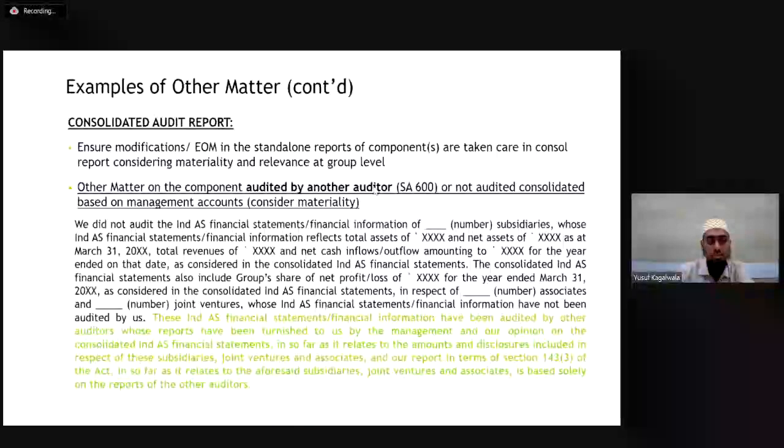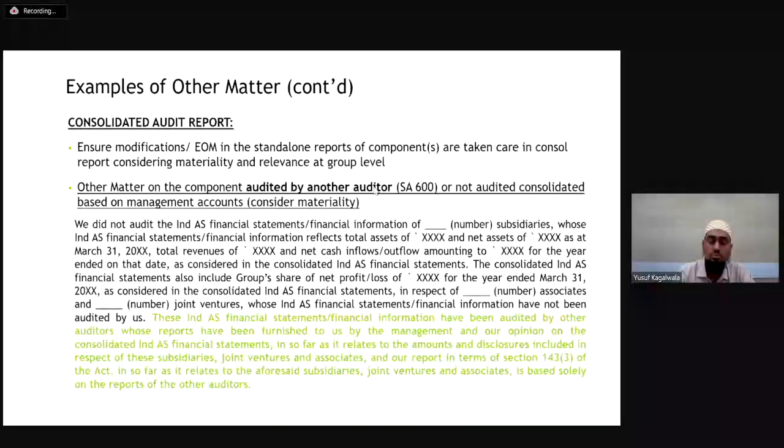Here I have put in a para for the scenario where the component is audited by another auditor. In such a scenario, we write a note that the financials of so many subsidiaries, joint ventures, associates have not been audited by us, whose total assets, net assets, total revenues, cash flows, all these are mentioned.